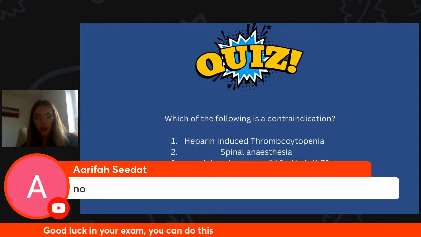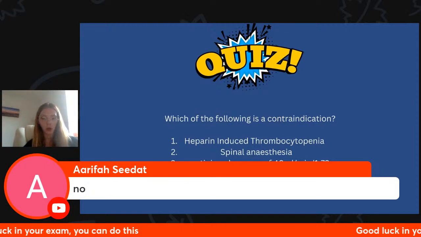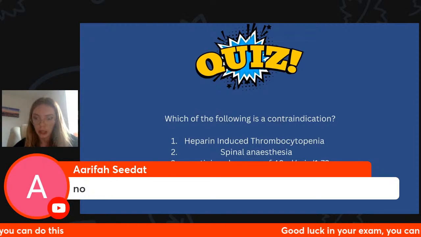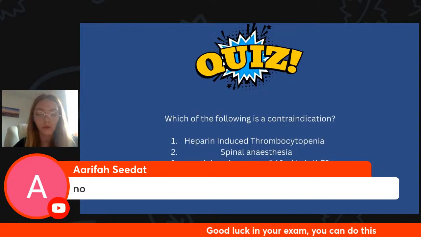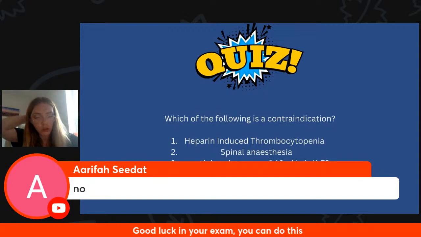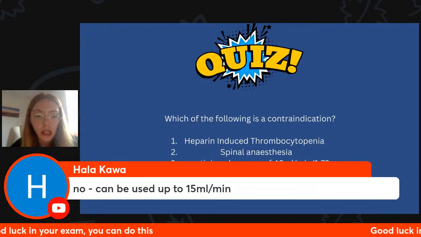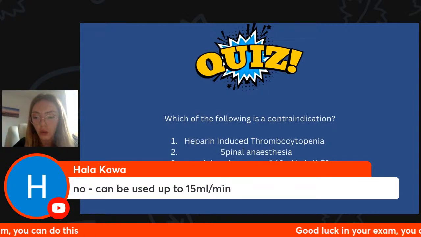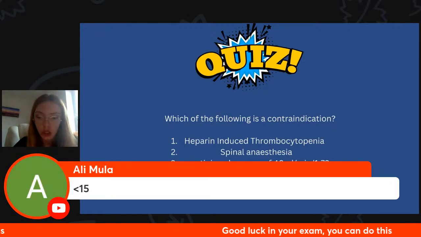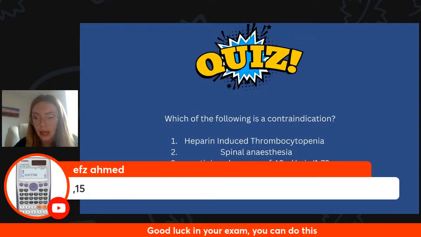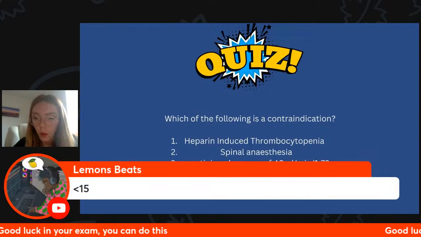At what renal function do we go, absolutely no Clexane for you? The cutoff is going to be 15. Fantastic. Well done.